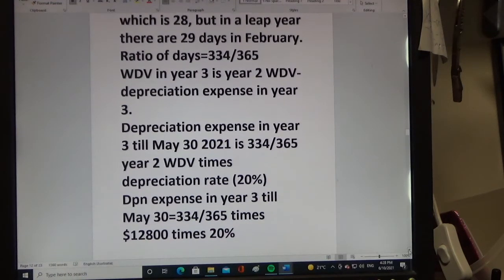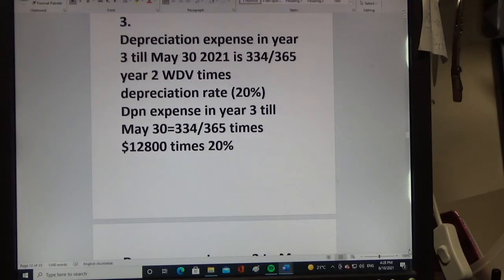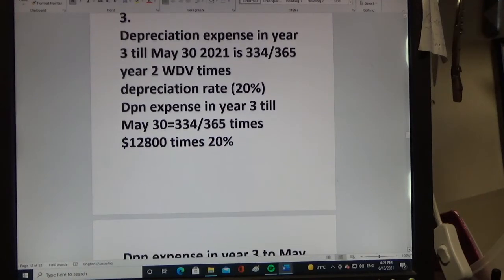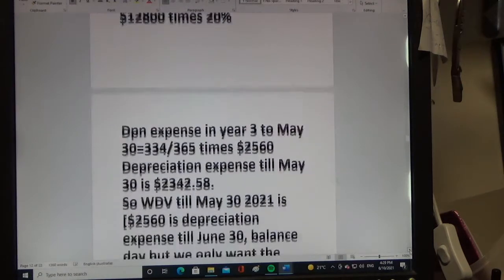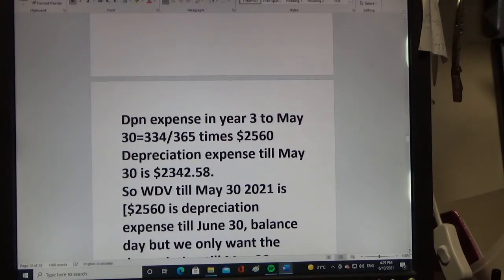That means 334 over 365 times 12,800 times 20%. When we do that calculation, the depreciation expense gives us the figure 2,560.